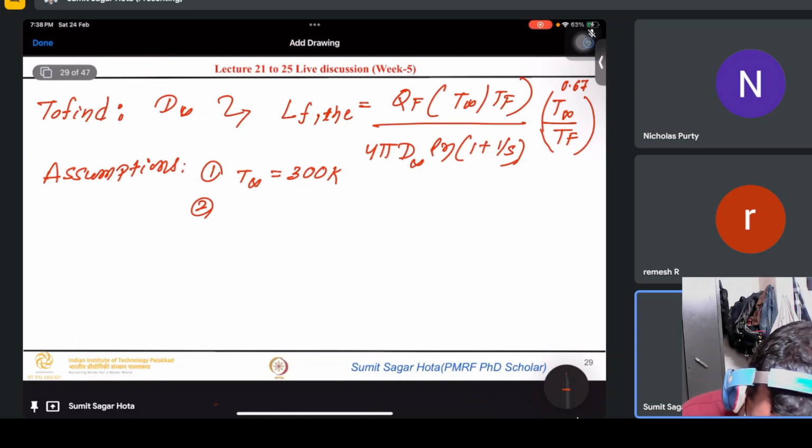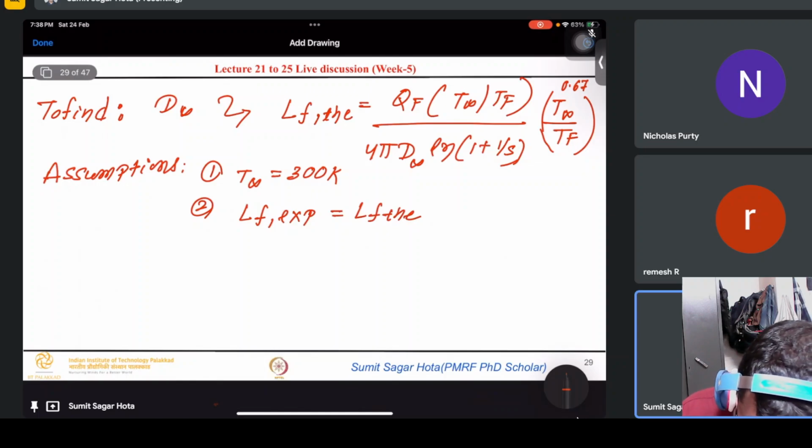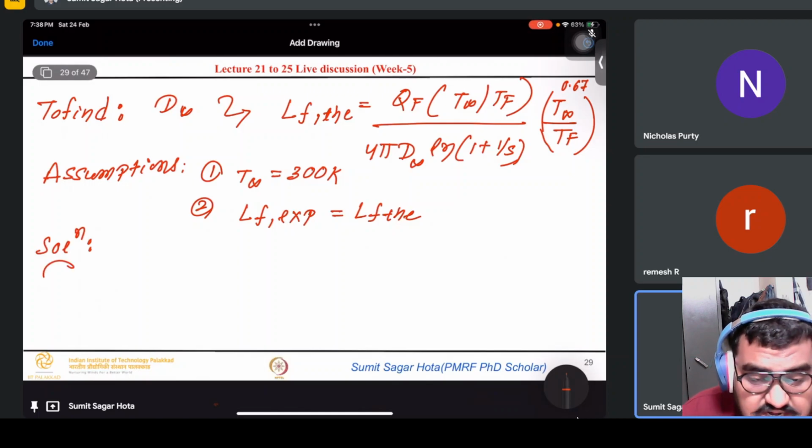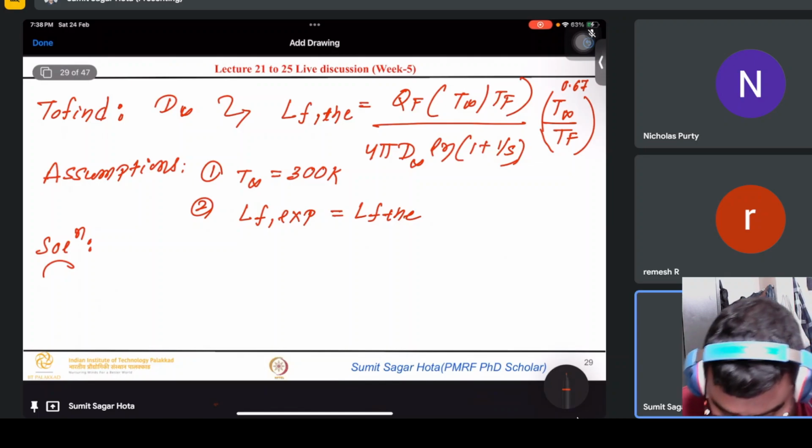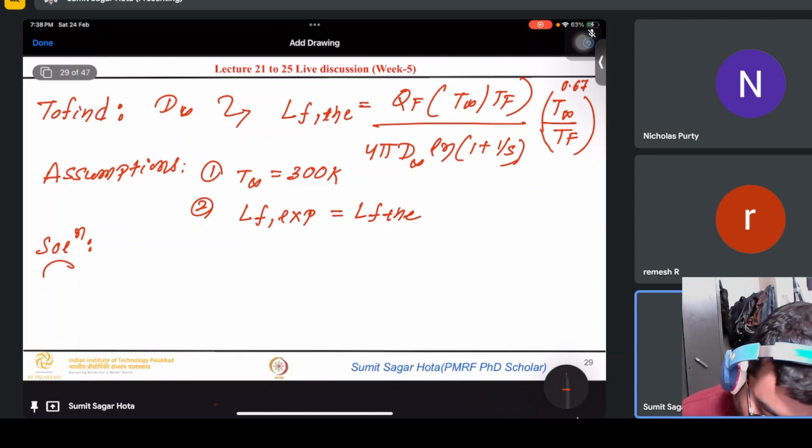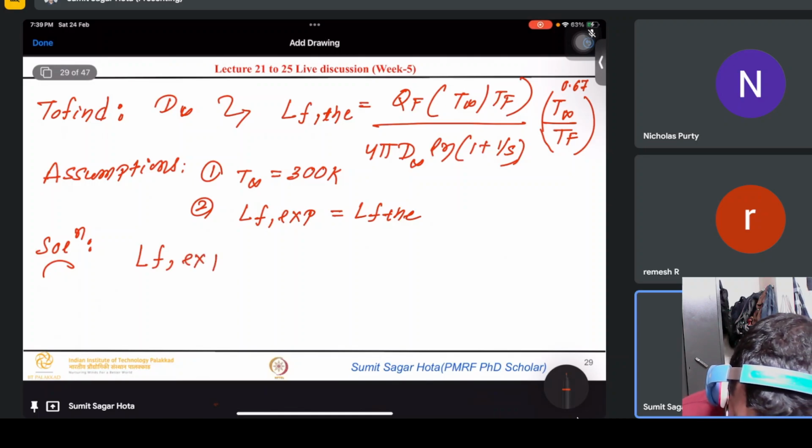That means we are telling LF experimental equal to LF theoretical. So now you will obviously know what our next step is. We will equate both flame lengths.